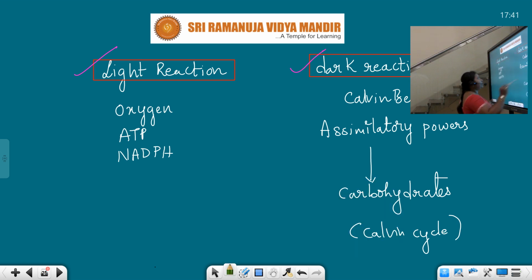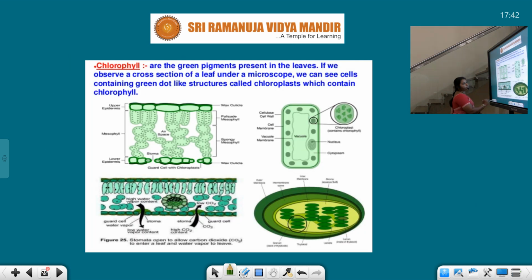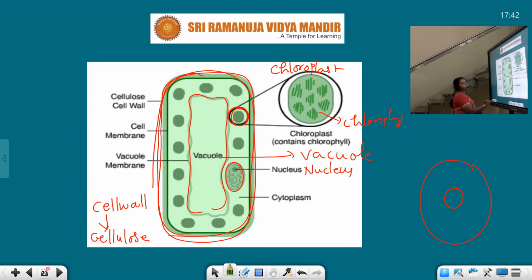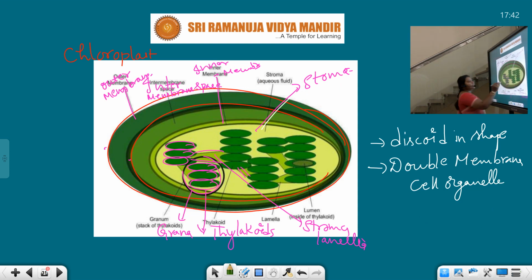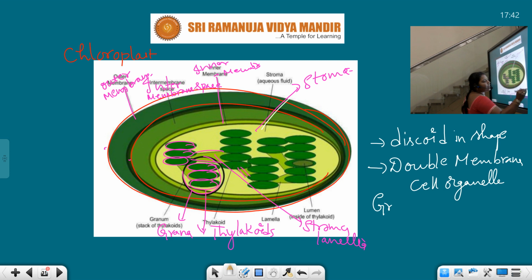The light reaction takes place in the grana, because the enzymes necessary for it are present in the grana.